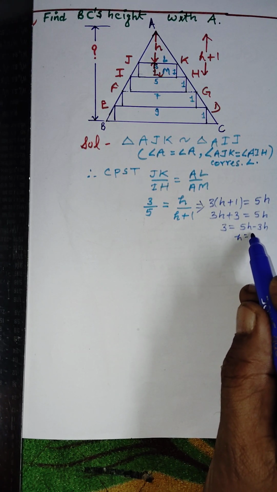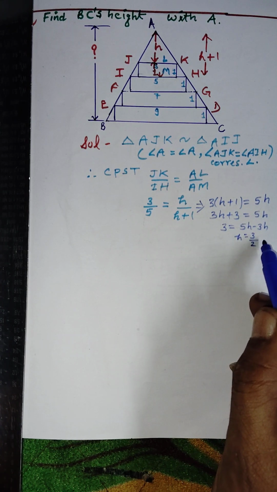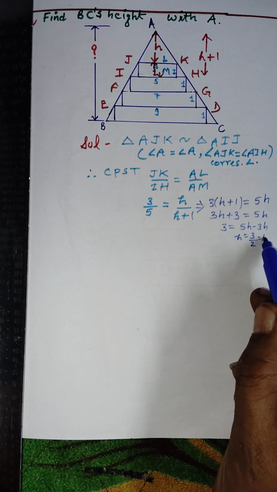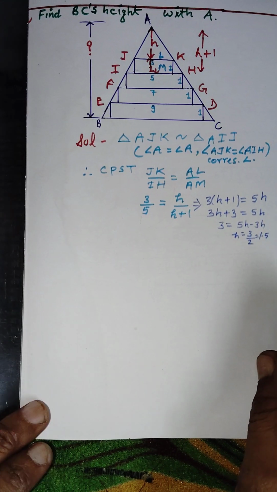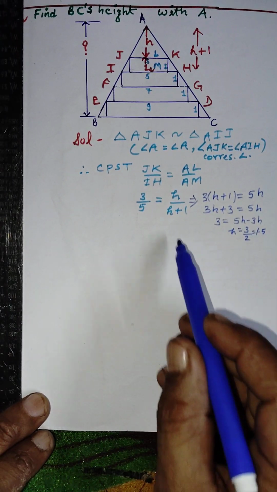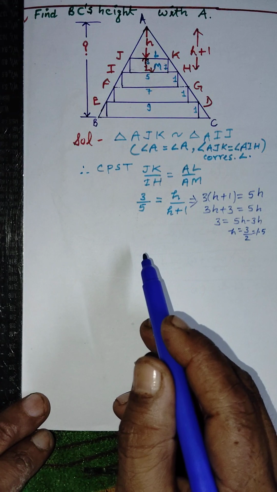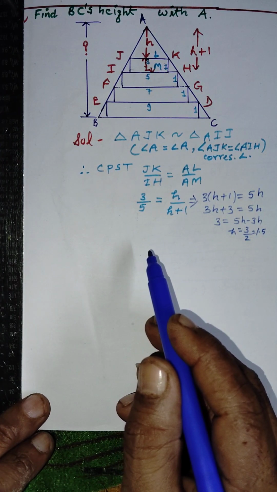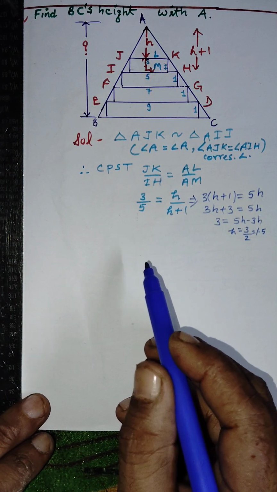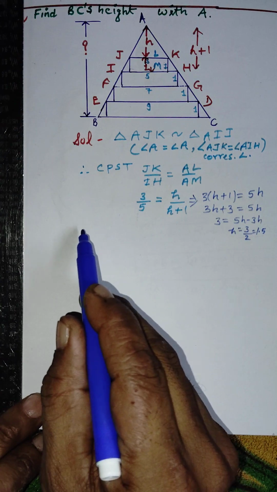So H is 3 by 2, which means 1.5. H is 1.5.